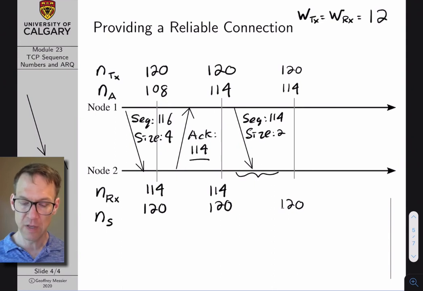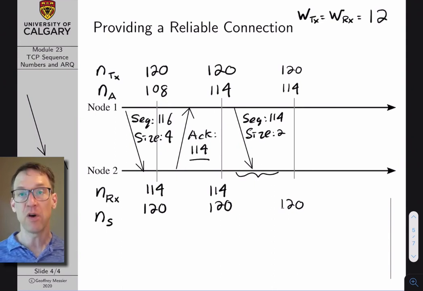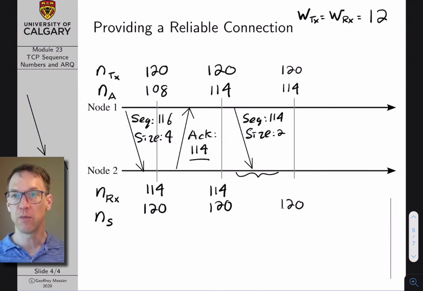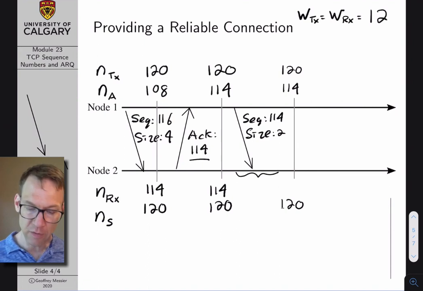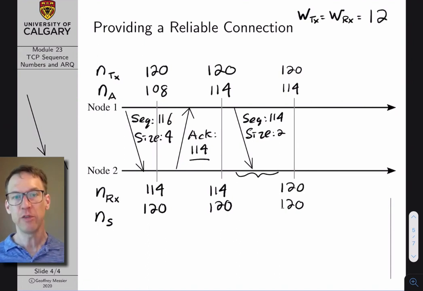Now that it's received this segment with sequence number 114, it's already received the segment with sequence number 116. And so the NRX value goes all the way back up to 120, because basically what we've done is fill in the gap. NRX has been able to zip all the way up and join 120.